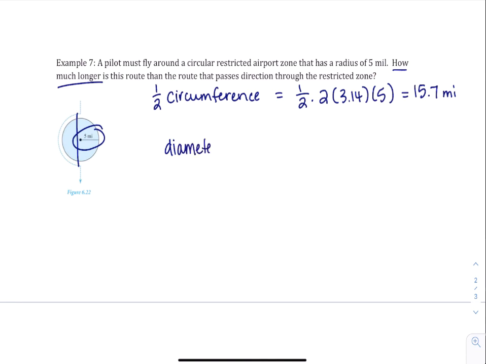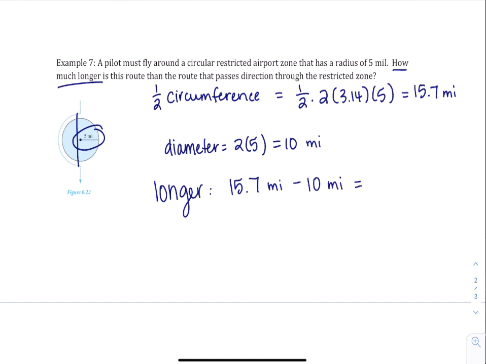So the diameter here is 2 times the radius, which is 10 miles. And so how much longer? Well, we take the 15.7 mile journey and we subtract the 10 mile journey to get a 5.7 mile difference in distance.